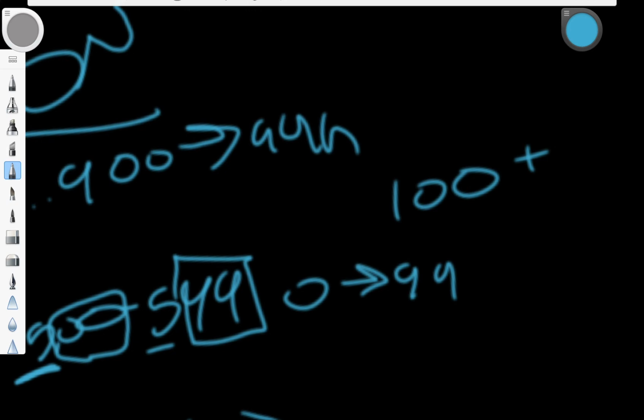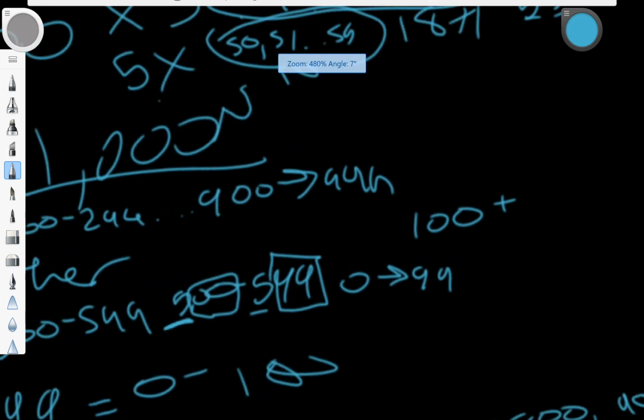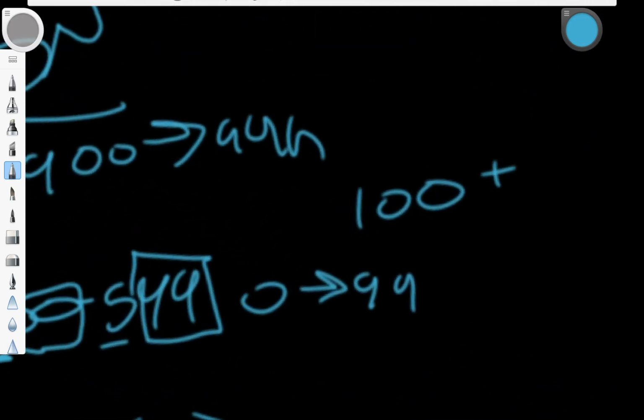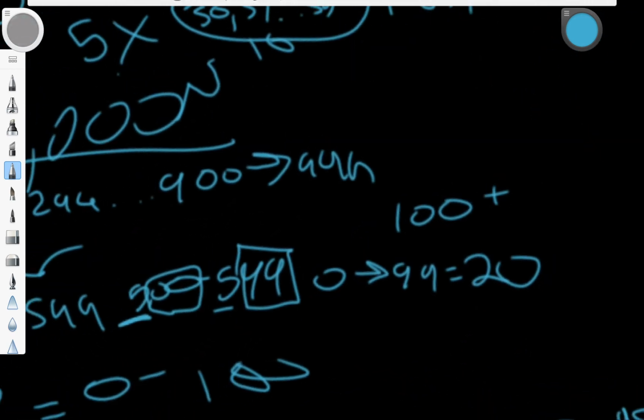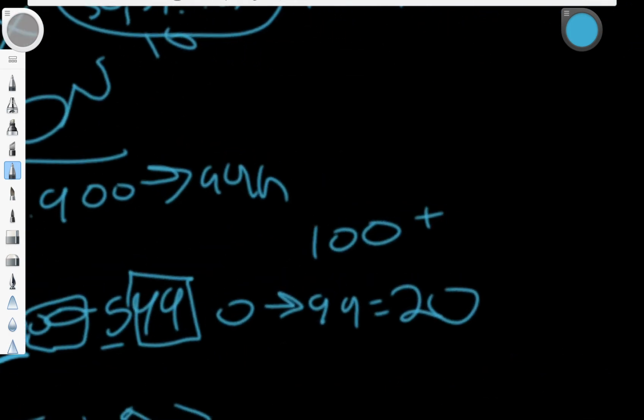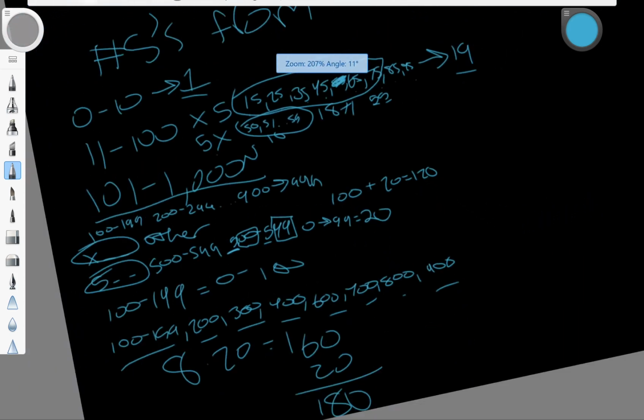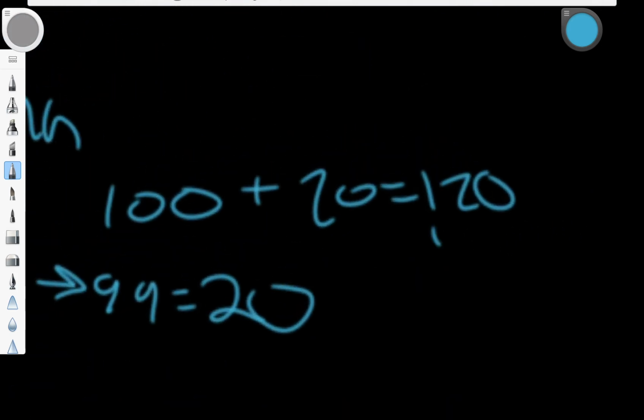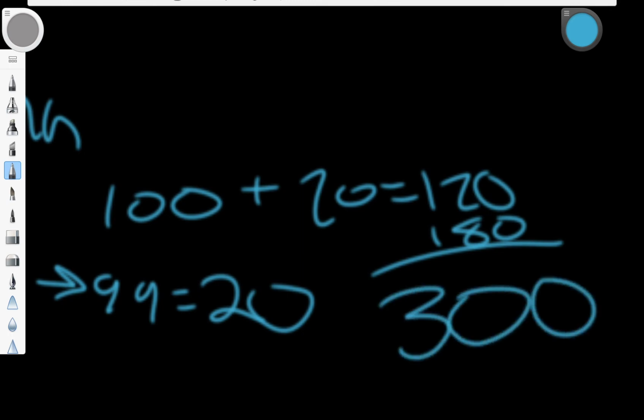So, once again, we know how many there are. There's 20, right? Because if we think about it, it's once again 0 to 99, and we already calculated that. So 100 plus 20 equals 120, and then we're adding on 180 to get a final total of 300.